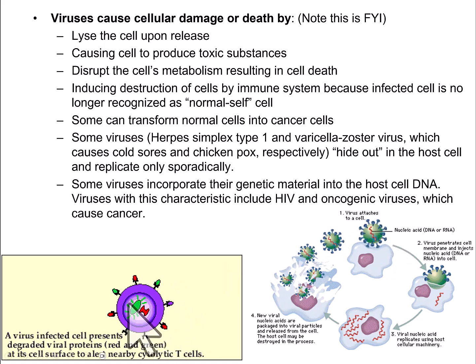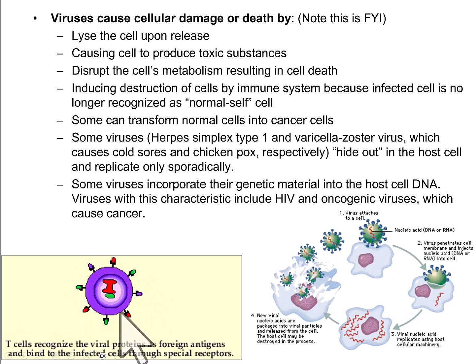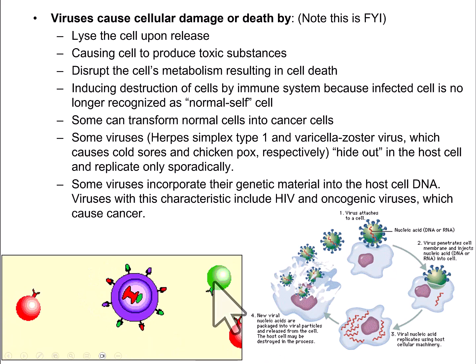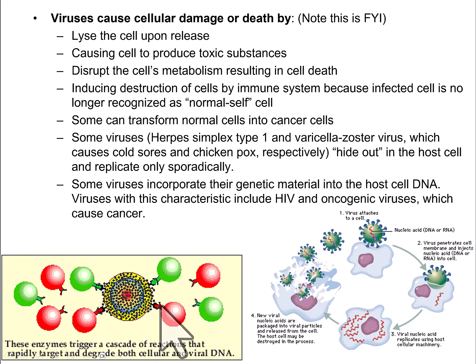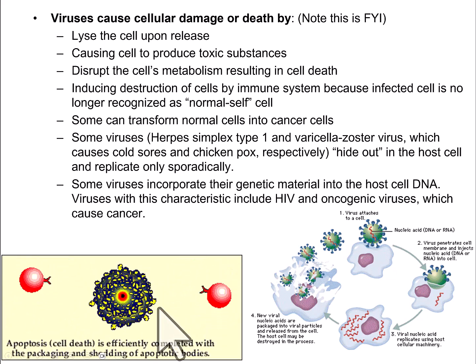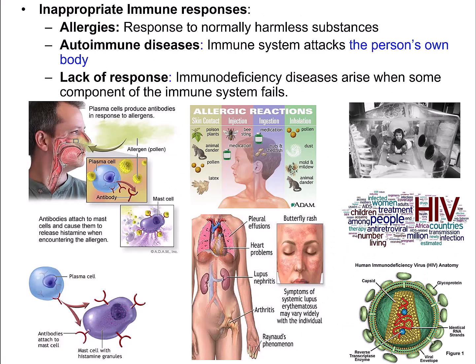And shown here, this is a virus-infected cell that's put its viral proteins on the cell surface. And then you're going to see T cells coming in, and these T cells will recognize these foreign antigens on the surface of the cell, and then release chemicals that cause the cell to die by apoptosis, thereby killing the virus-infected cell to protect the body.